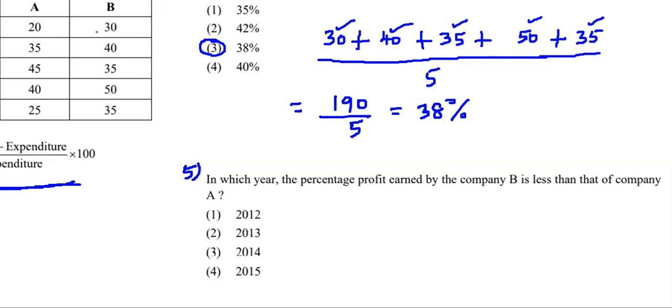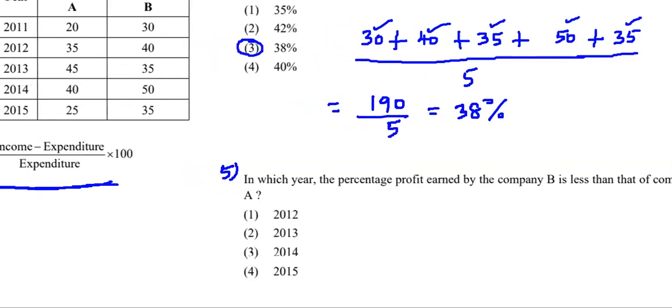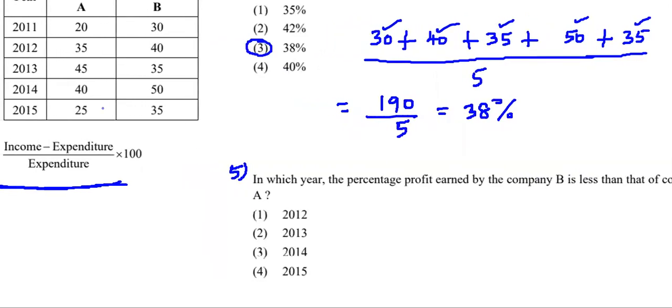So all that we need to do is check the tabular column and see in which year B's profit is less than A's profit in terms of percentage. Now see, coming to the table here, we have all 5 years' values given. In 2011 company A's profit is 20%, B is 30%.